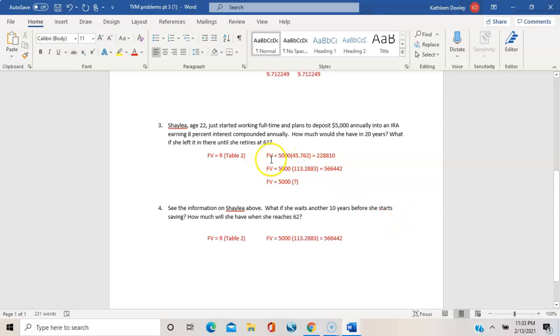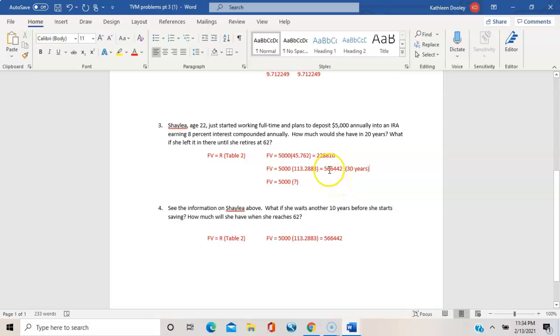Okay, so in other words, we have 228,000 she would have if she waited 20 years. If she waited 30 years, she'd have 566,000.